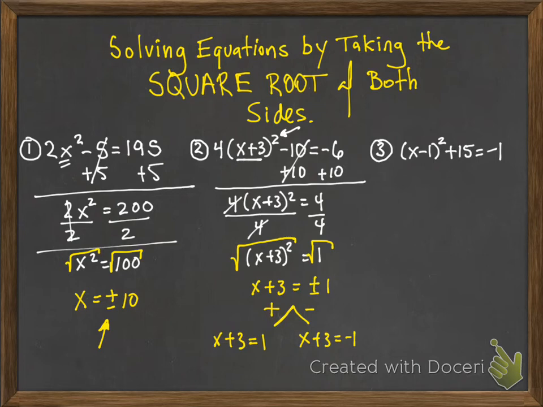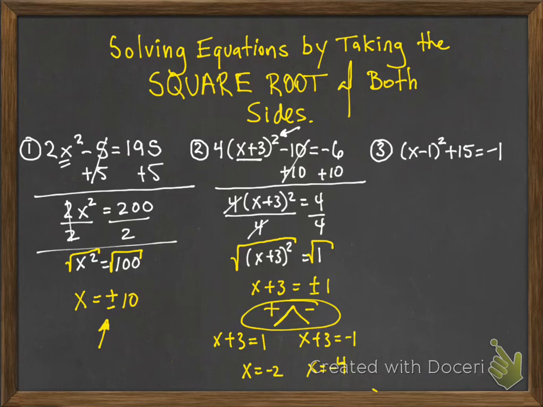After subtracting 3 from both sides, I get x equals negative 2, and x equals negative 4. Oops, negative 4. These are both of our solutions, and that's basically how you deal with a binomial squared, by doing this whole operation where you have a plus or minus scenario.